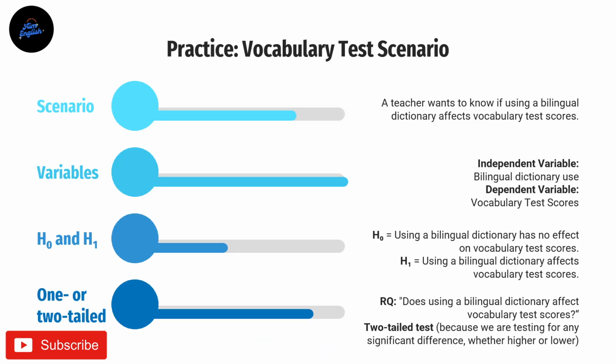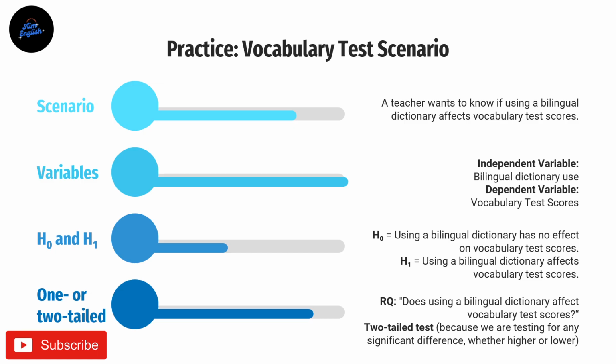So here I have a practice related to a vocabulary test scenario. The scenario here is a teacher wants to know if using a bilingual dictionary affects vocabulary test score. Of course, based on this scenario, we understand that the independent variable is the bilingual dictionary use, and the dependent variable is vocabulary test score.